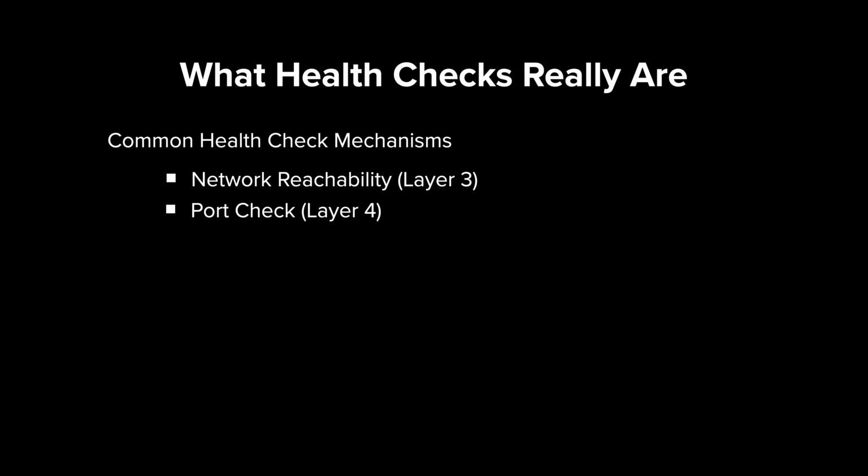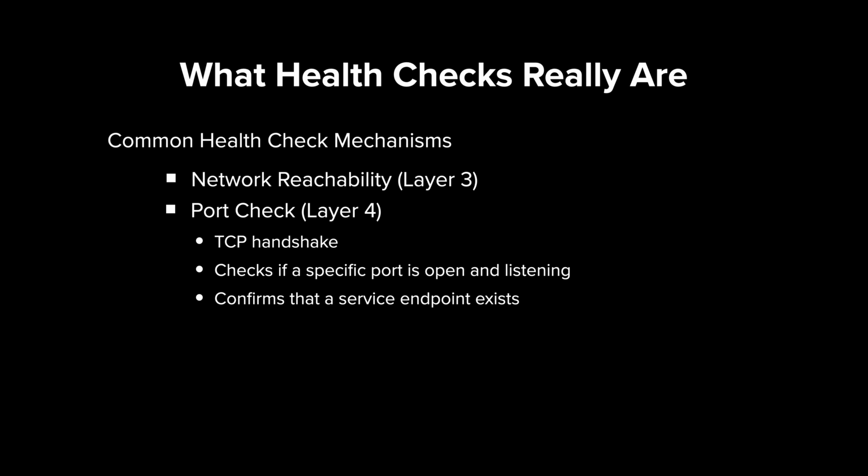The next mechanism is the port check, also called a Layer 4 health check. It performs a TCP handshake to verify whether a specific port is open and listening on the host. This check confirms that a service endpoint exists and is capable of accepting connections. In AWS, network load balancer health checks using the TCP protocol are an example of this type of check.